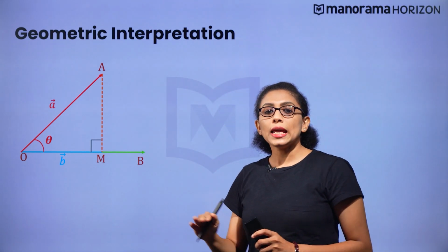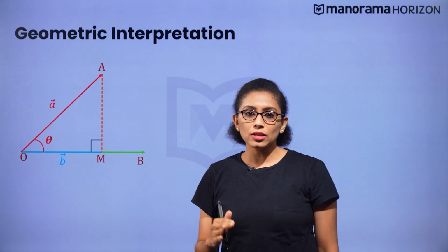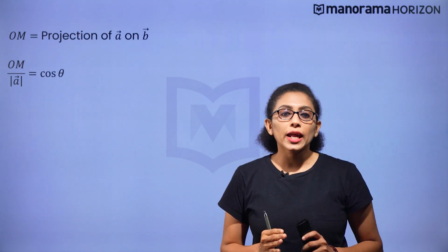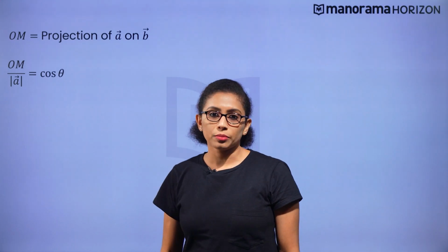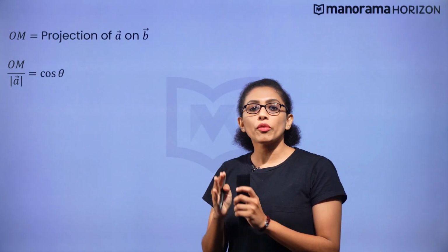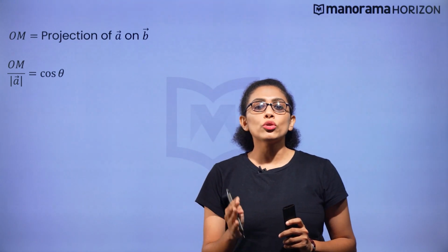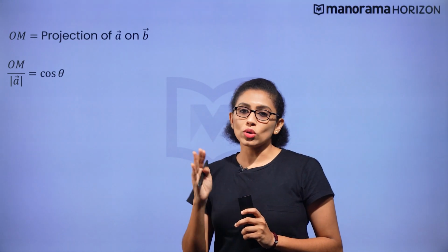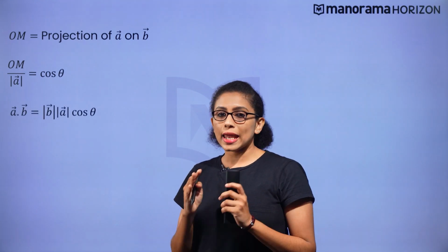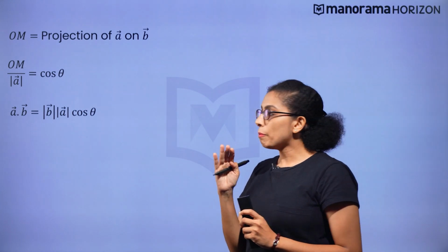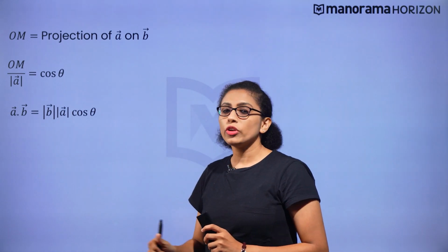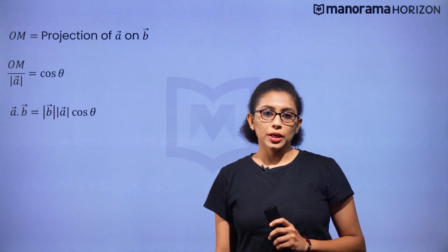The ratio of the base to the hypotenuse, that is, OM by magnitude of vector A, is what? Cos theta. This equality helps us to deduce that the base of this right triangle is magnitude of vector A into cos theta. Thus, the scalar product of vectors A and B is the product of the magnitude of vector B and the scalar component of vector A along vector B.